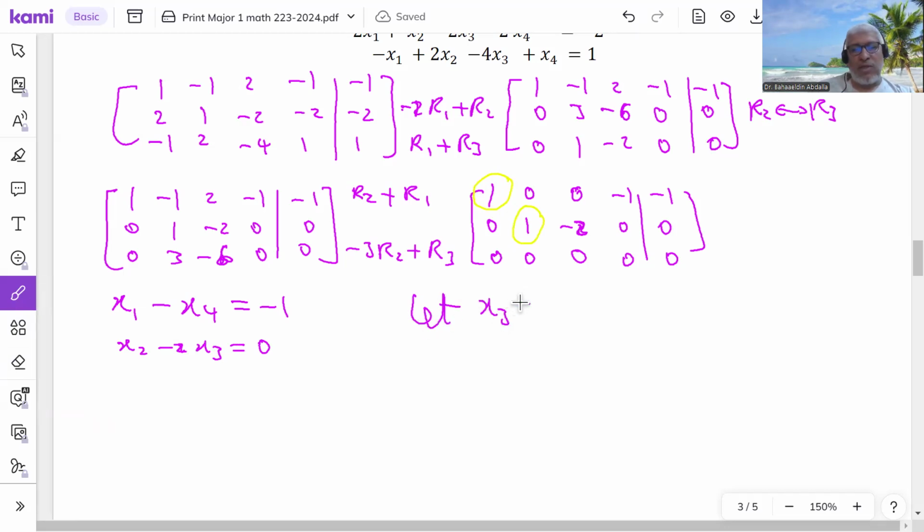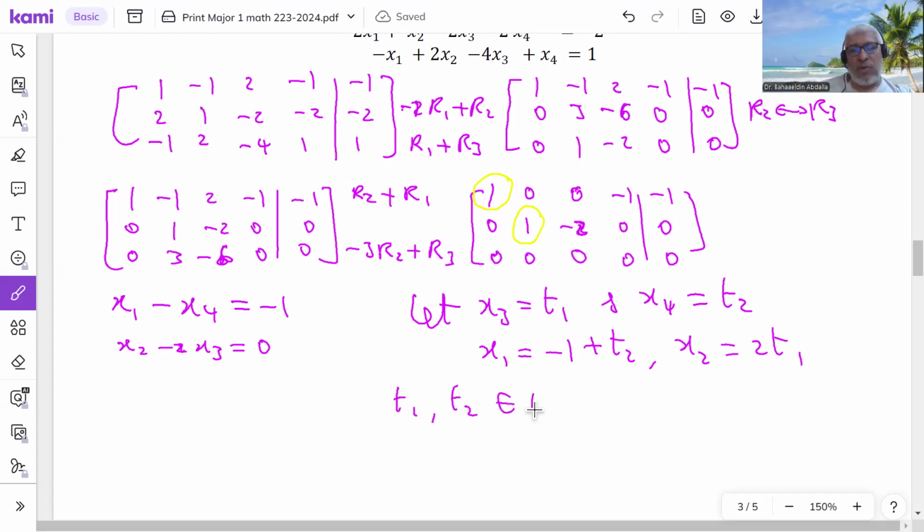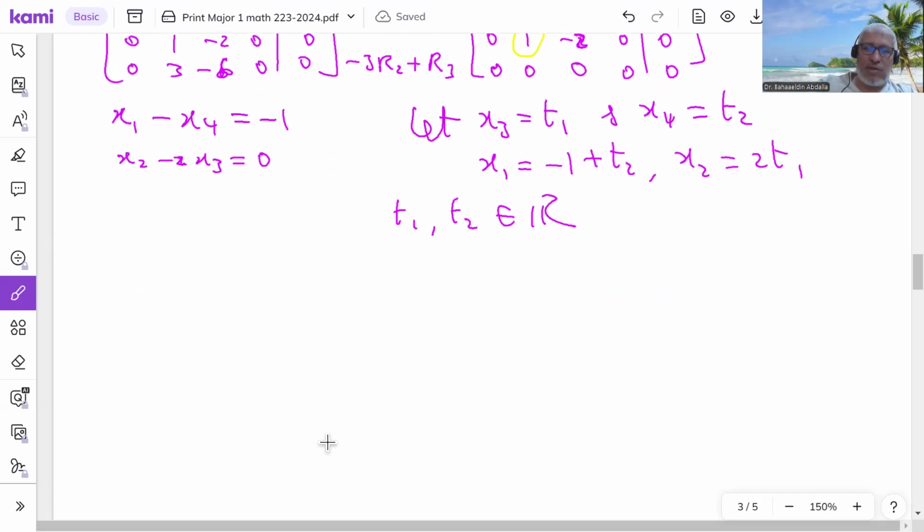So I let X3 equals T1 and X4 equals T2, for example. Then from here, X1 would be -1 plus X4, which is T2, and X2 would be 2X3, which is T1, and T1 and T2 are parameters, any real numbers. So that's the answer.